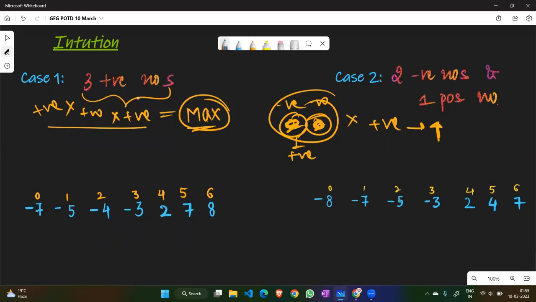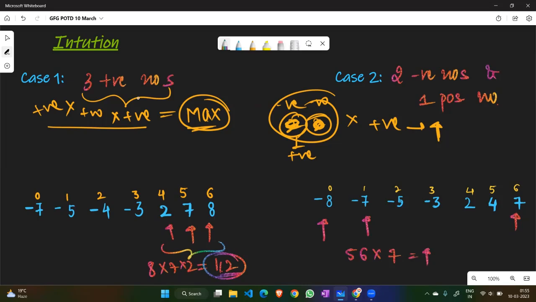Like here, 8, 7, and 2, when multiplied, will generate the maximum number, which can be 112. And in the second case, if I take two negative numbers, that will be 56 times one maximum number, so it can be the maximum number. So that's the approach.